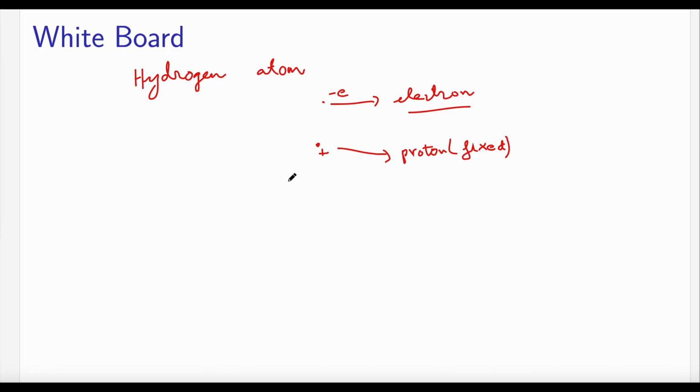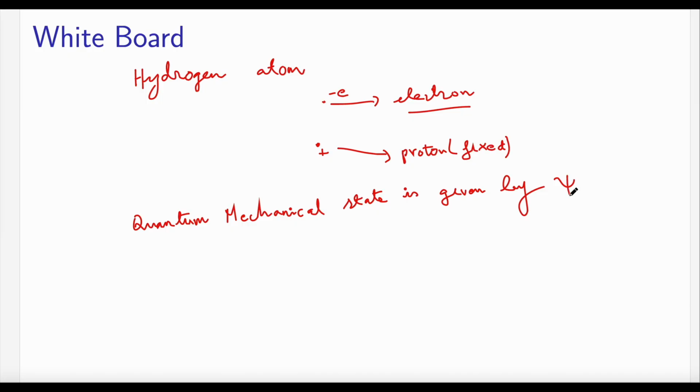So the quantum mechanical state of this electron is given by psi.